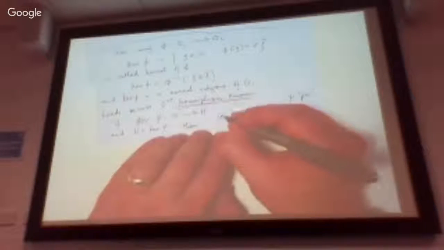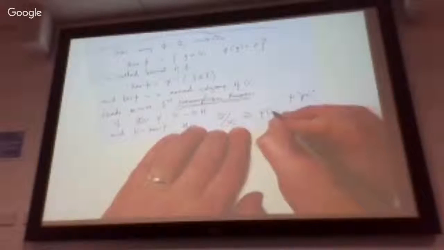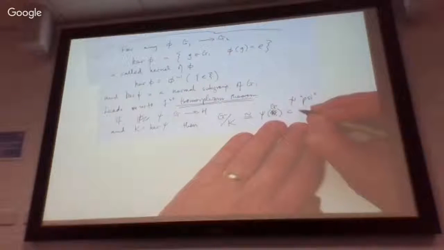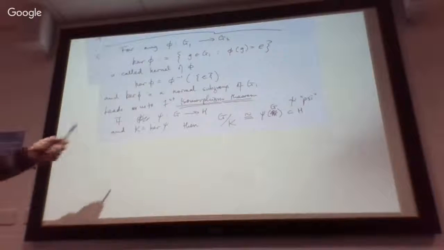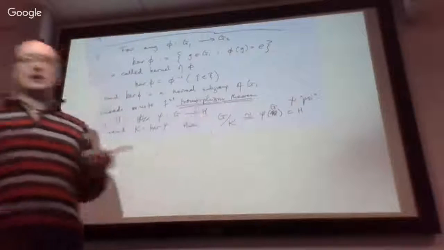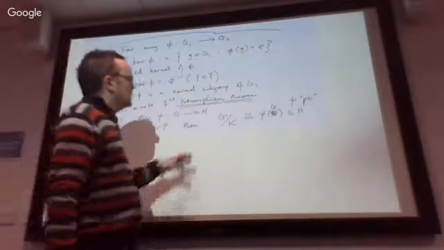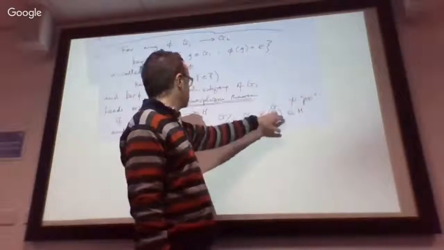But basically, it's saying that if you take the group G and form the factor group where you quotient out by the kernel of the homomorphism psi, you're looking at a group that is isomorphic to psi of G. Psi of G is the image of G. It's what you get when you map the group G across inside the group H, so this is a subgroup of H. It may be all of H if the homomorphism is surjective, but it might not be all of H. So it's an interesting subgroup of H. It's the image of the group G.